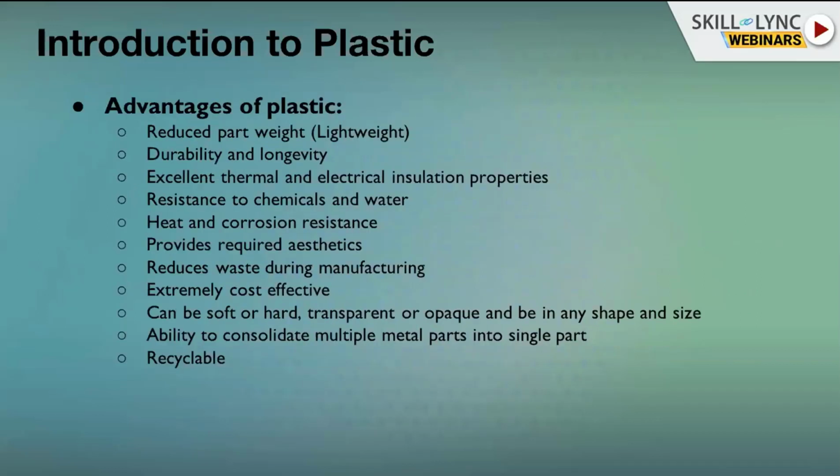We have a few advantages of plastic. Reduced part weight, as it is lightweight compared to metals. It has long durability and longevity, excellent thermal and electrical insulation properties, resistance to chemicals and water, and heat and corrosion resistance. Compared to metal, it doesn't get any rust, so it is corrosion resistant. It provides required aesthetics, reduces waste during manufacturing, is extremely cost effective, can be soft or hard, transparent or opaque, and can be in any shape and size.